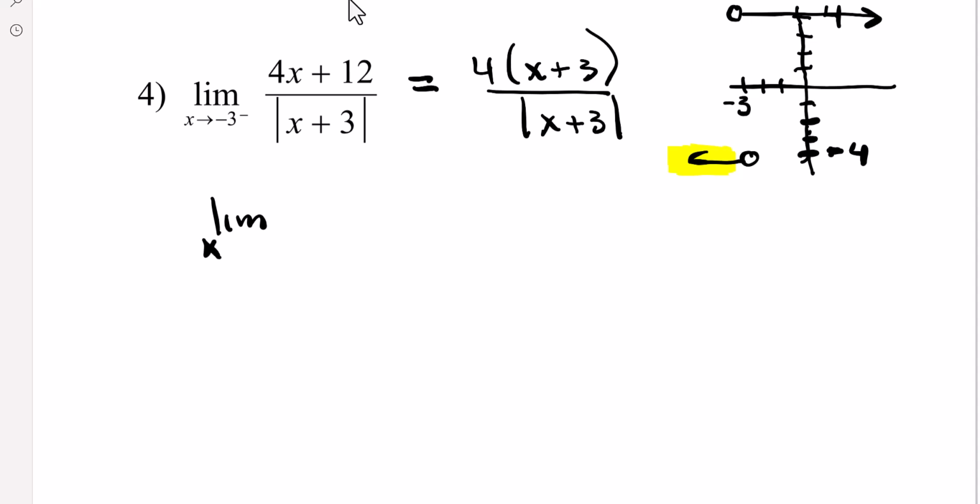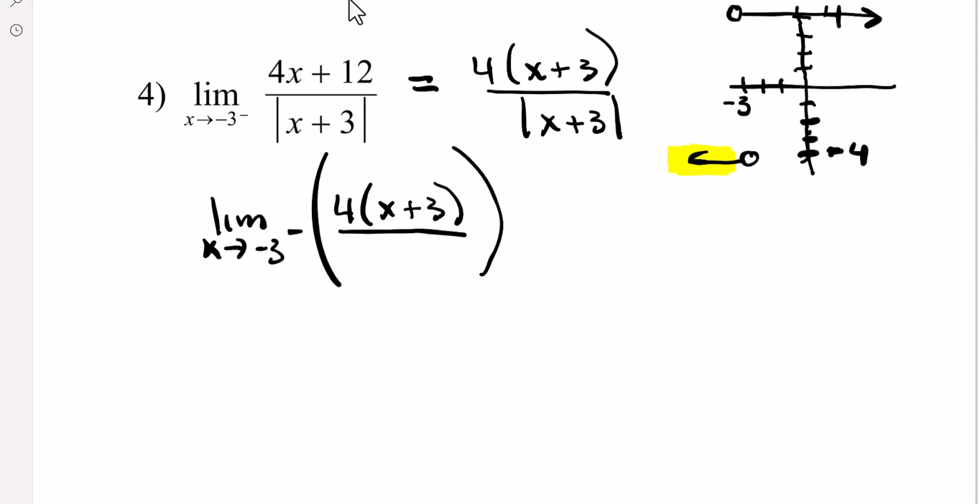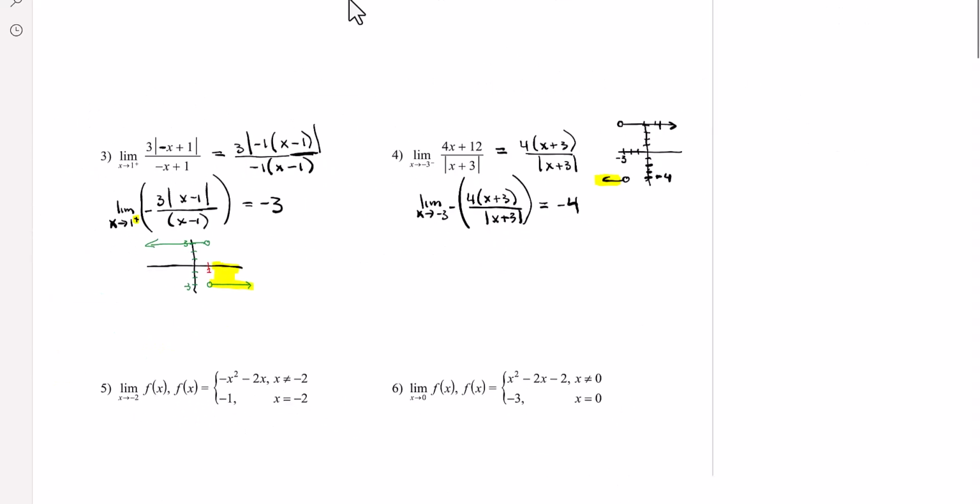So the limit as x approaches negative 3 from the left, ta-da. I do want to see the graphs when you're doing this. So on an exam, I would expect to see the graph of this, and then I would expect this work to be shown. All right.